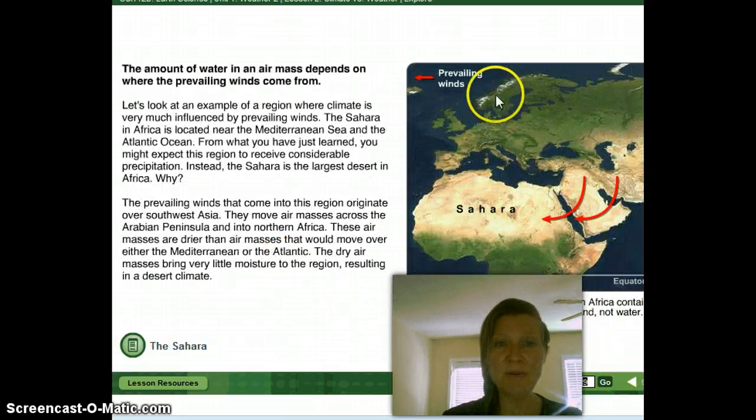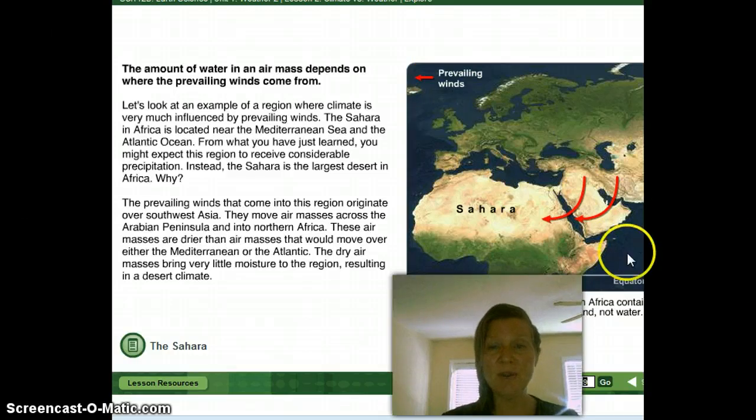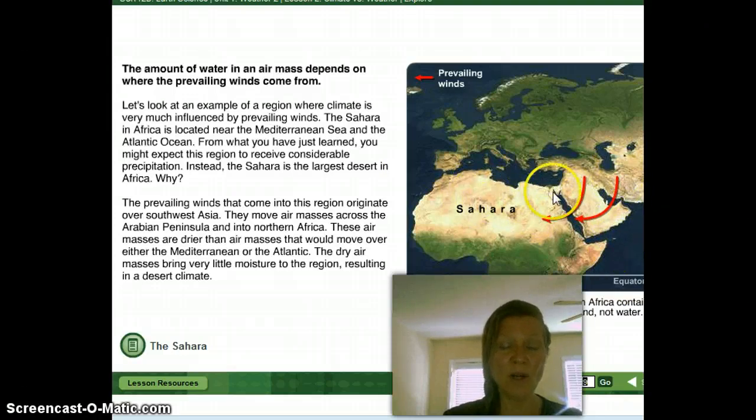And you're also going to be reviewing the prevailing winds and the air masses. This gives you an example of what's happening in North Africa, where the large air masses are moving over land, not water, so they're not picking up the water molecules that would coalesce over a condensation nuclei, thus having a precipitation event.